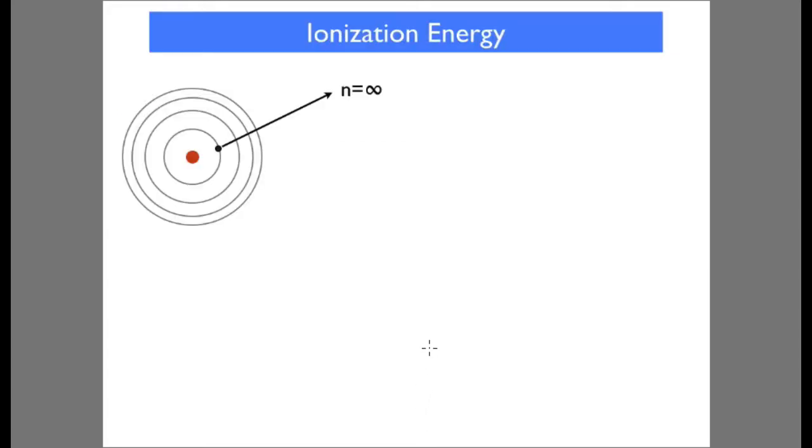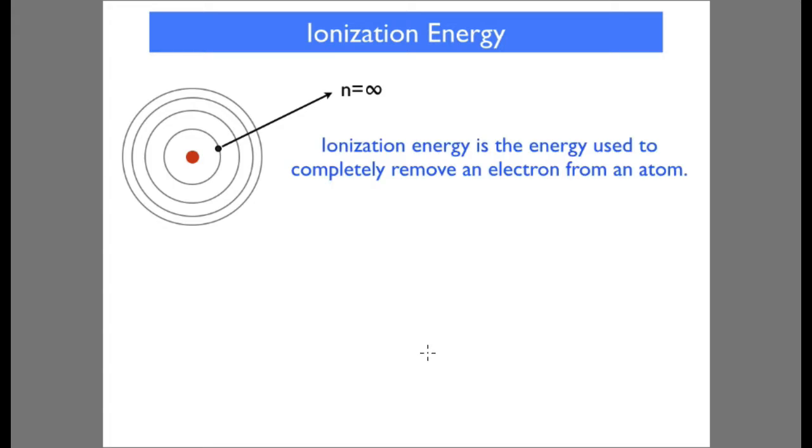Ionization energy. The ionization energy is the energy used to completely remove an electron from an atom. So for example, one gaseous atom of a metal will give us one gaseous ion of that metal and an electron.